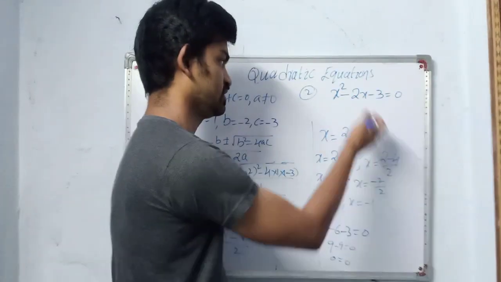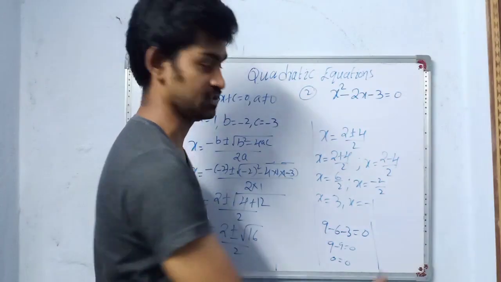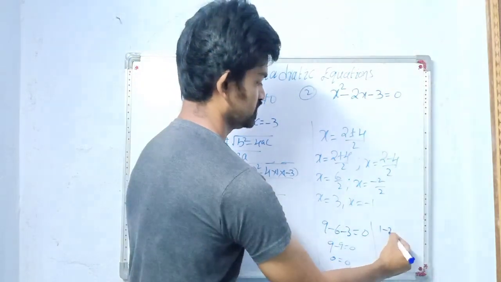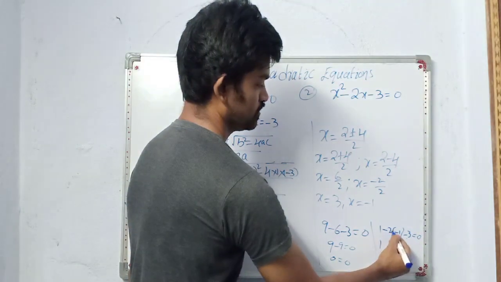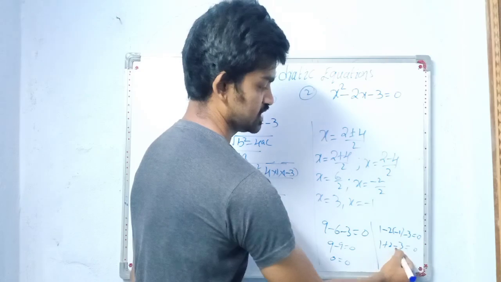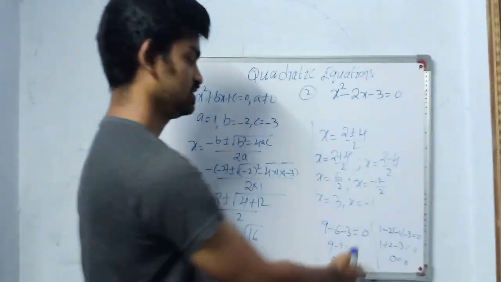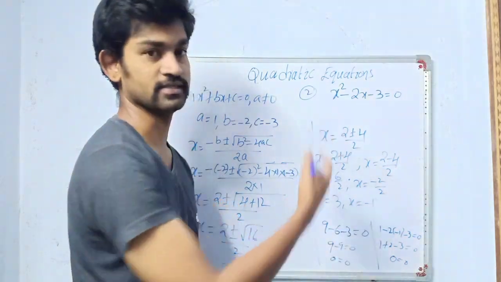So even minus 1 also will satisfy the given quadratic equation. Minus 1 whole square is 1. So minus 2 into minus 1, minus of minus is plus 2, minus 3. 1 plus 2 is 3. 3 minus 3 is 0. So in both cases it's satisfied. This is verification. If you have a doubt on your solution you can verify like this.